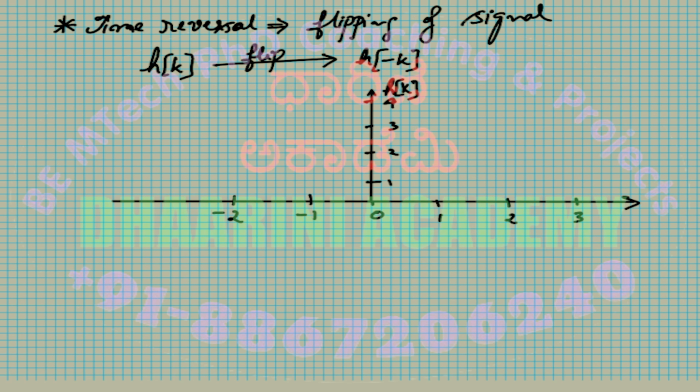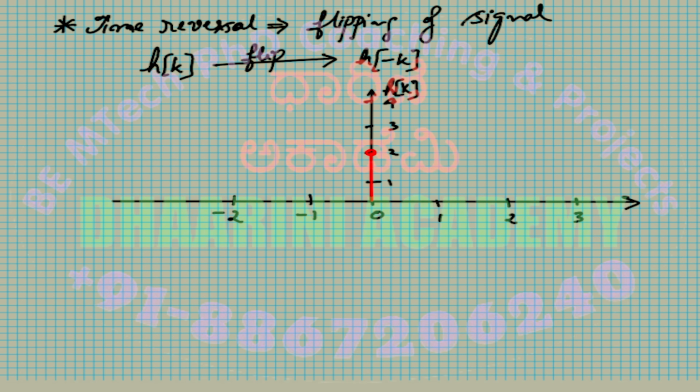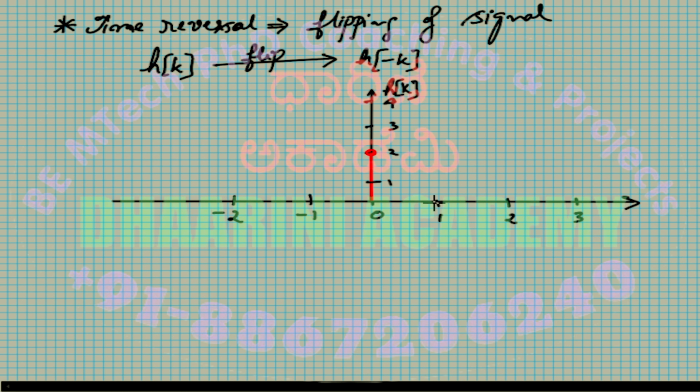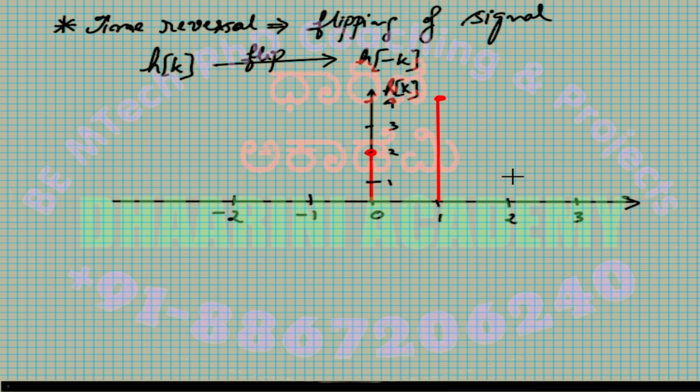Let's write the samples now. At 0, I assume that the signal's amplitude is 2. Similarly, the signal's amplitude at 1, I'm assuming to be 4. At 2, let us say its value is 3.